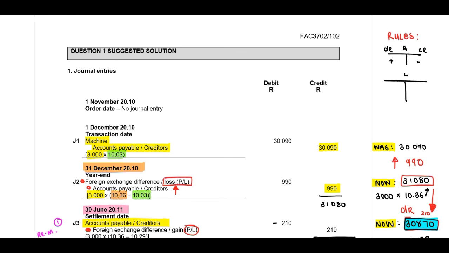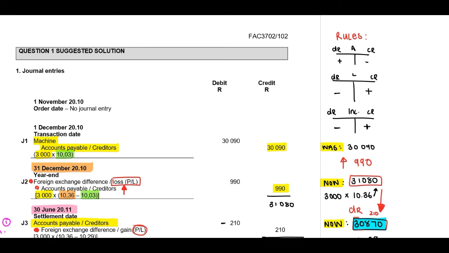A liability will increase on the credit, decrease on the debit side. Then we have our income. Our income will increase on the credit side, decrease on the debit side.